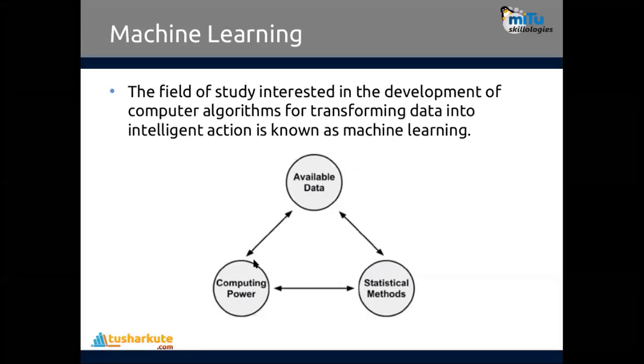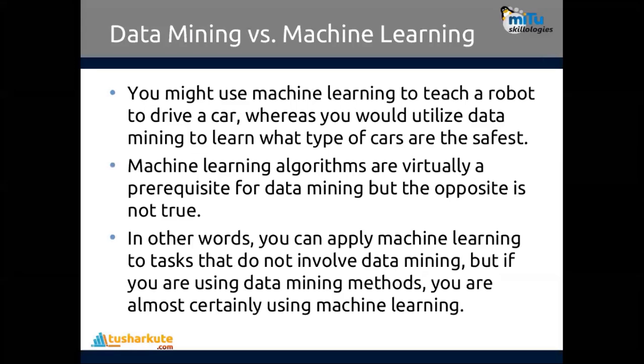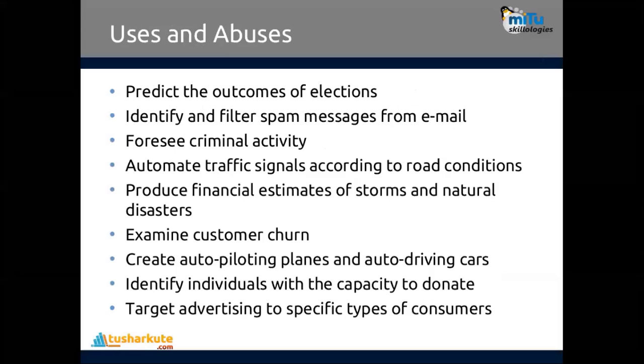And with the help of programming and computing power, we generate the algorithm and create a machine learning model on it. So the three things involved in machine learning are just shown over here. We'll work on data, then on statistical methods, and we have already seen the computing power, that is a programming language here.